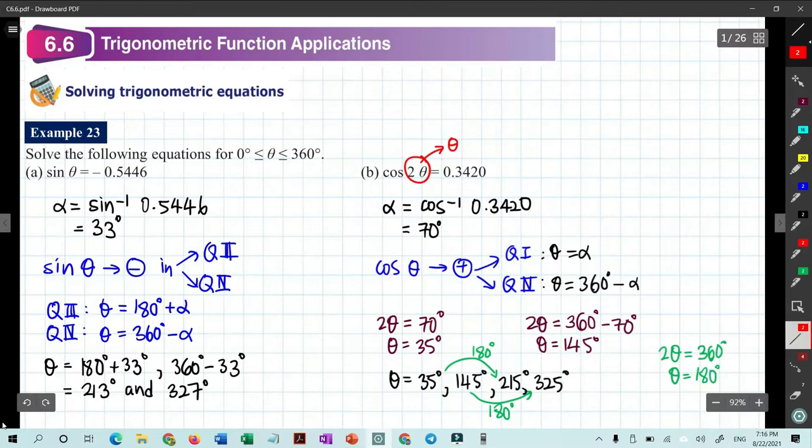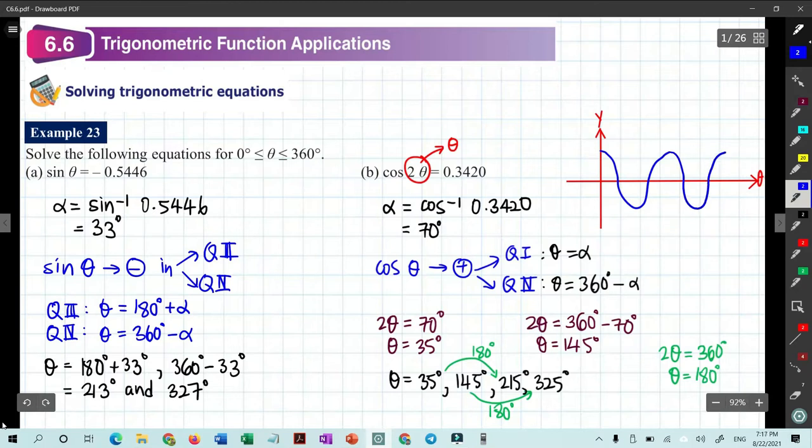If you sketch a cosine graph, the graph is going to be something like this. 1 cycle, and 2 cycles. So this is 360 degrees, 180, 0, 1 is here, and negative 1 is here. We have 0.3420 here. There will be 1, 2, 3, 4 solutions.